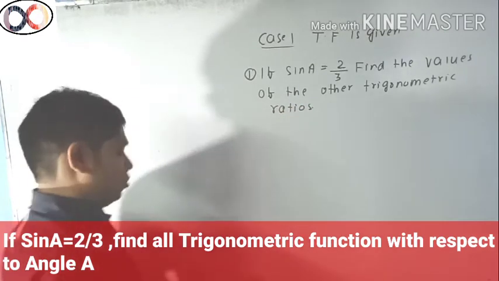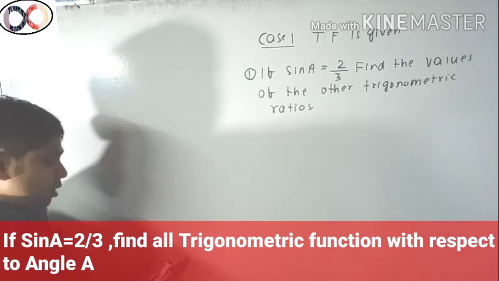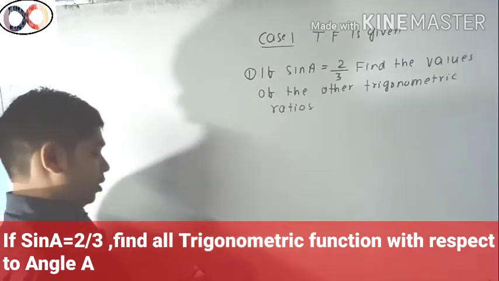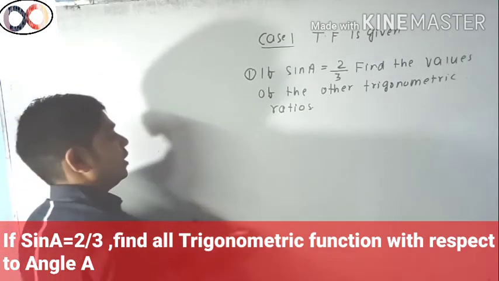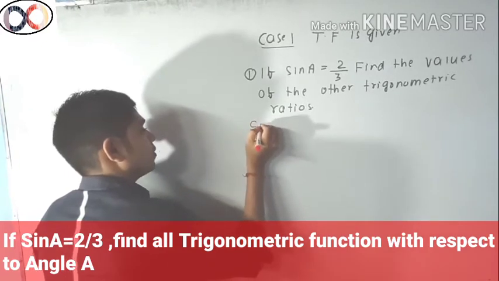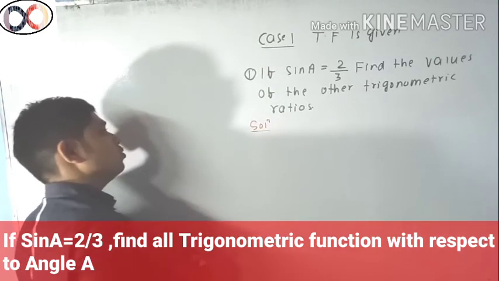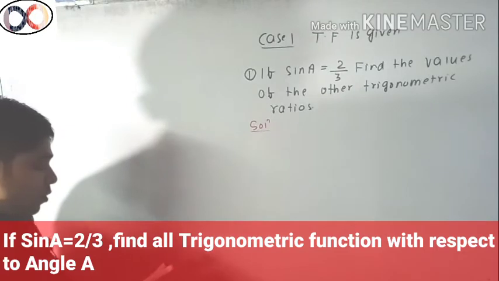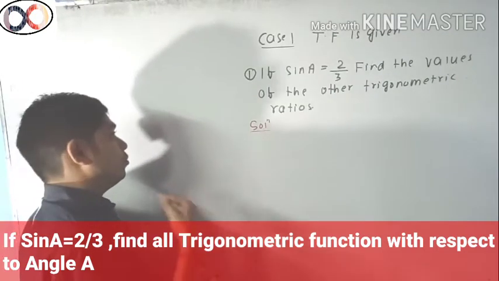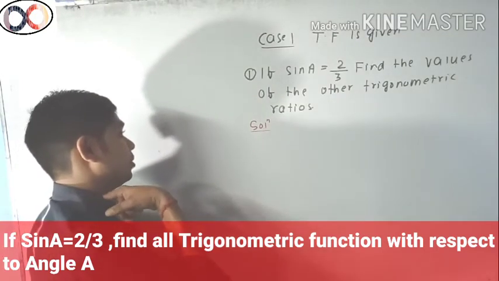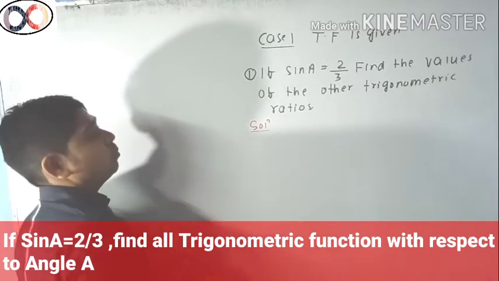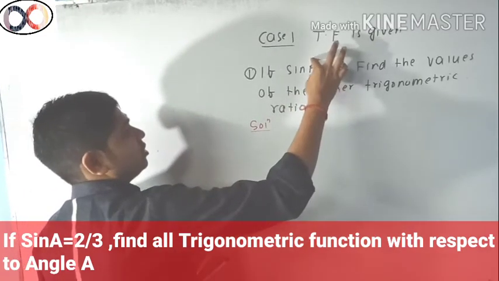This is the question you need to solve. Sin A is given, so we will have to find all of the trigonometric ratios with respect to this acute angle.